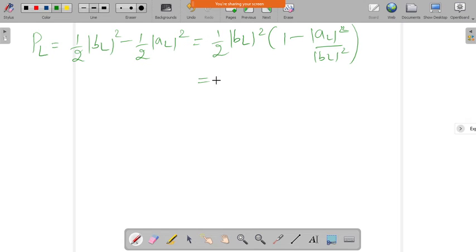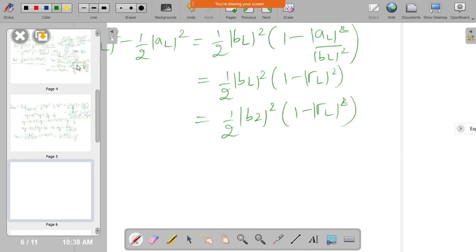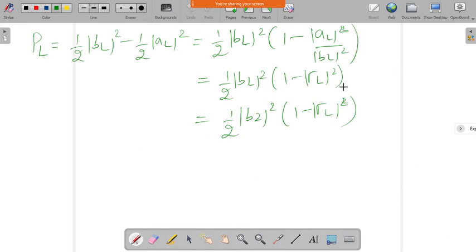We can write this as gamma L into 1 minus gamma L square. Equivalently, in terms of A1, A2 and B1, B2, this gives B2 square into 1 minus gamma L square. If I rename the node BL as B2 and AL as A2, I get both these expressions. So both the expressions are correct and valid.